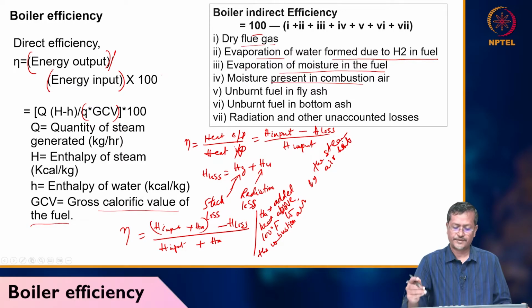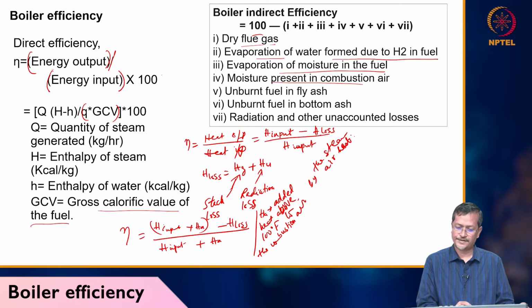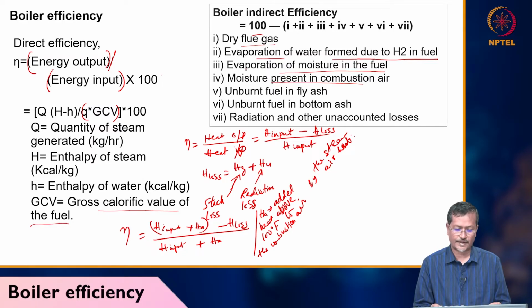Sometimes steam will be heating the inlet air, so that much loss will be there; that is added as Ha. So this formula can also be used if the data is given. For example, if H input, Ha and H loss data are given, then you can calculate boiler efficiency.